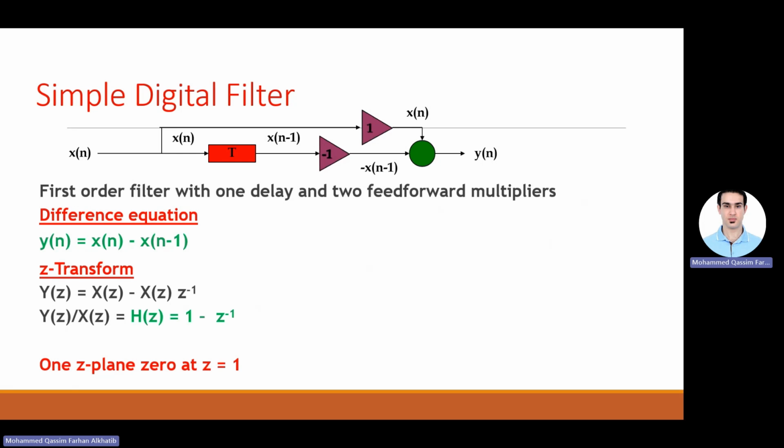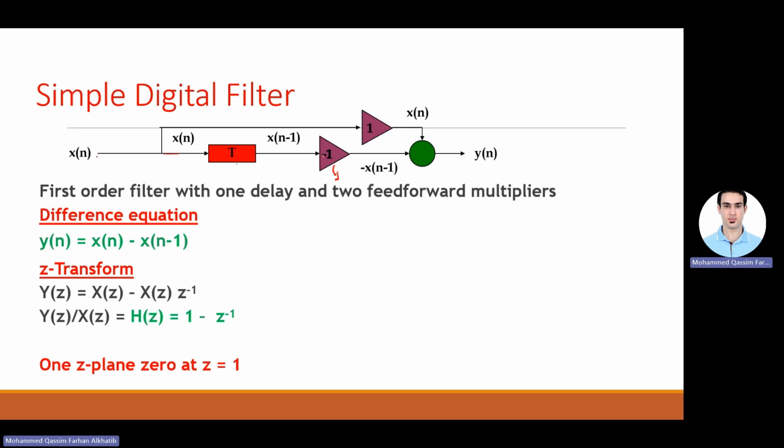We've seen this one before. If you want to realize a filter using a block diagram, here is a gain, you multiply by a minus 1. Here's the time shift. For example, you have this filter, x of n minus x of n minus 1. So I have x of n. You give it a delay, so I have x of n minus 1.